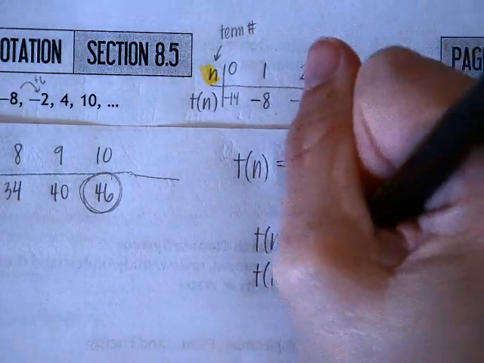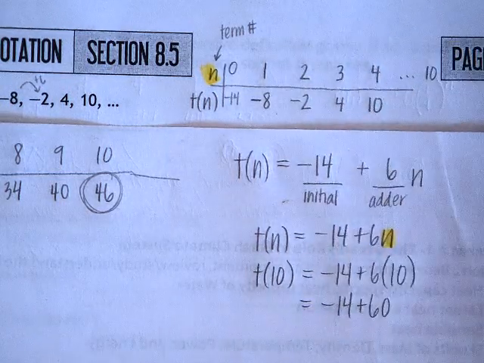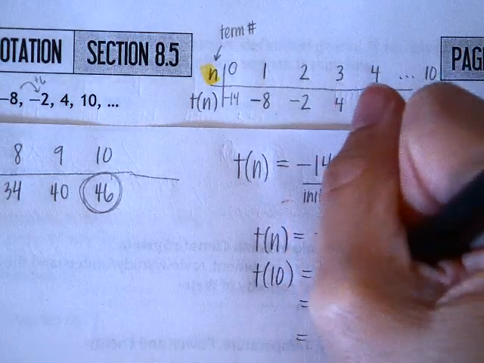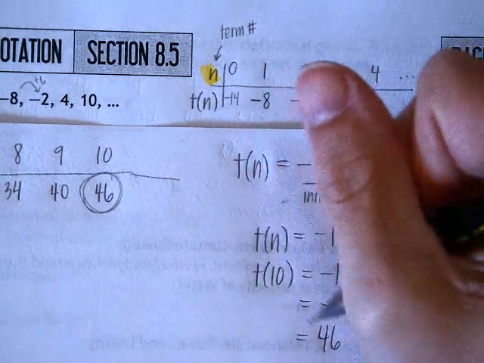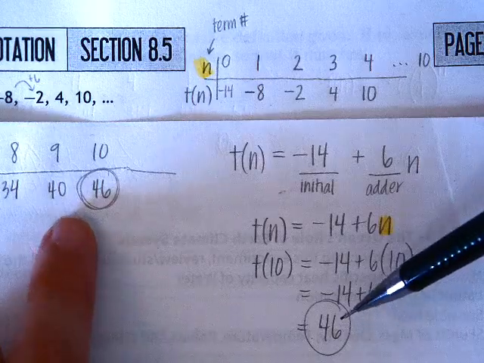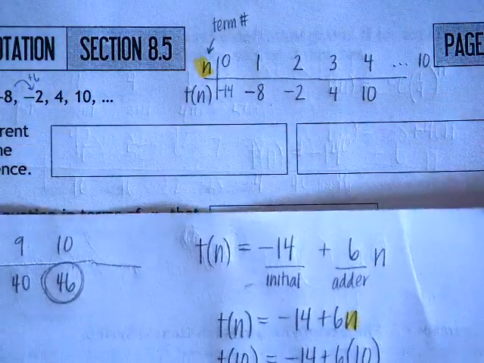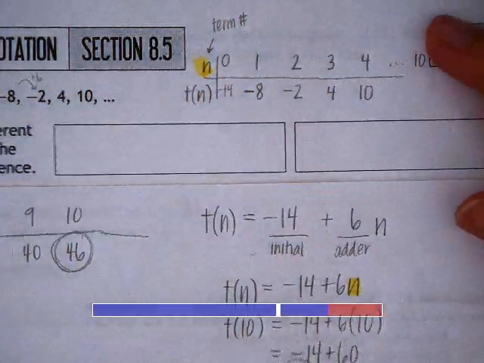Now, if I plug in 10 for n, that becomes negative 14 plus 6 times 10 is 60, and negative 14 plus 60 is, not surprisingly, 46. The same 46 that I got when I actually just kept counting and counting until I got to the 10th term. So those are two different ways I could have found the 10th term.